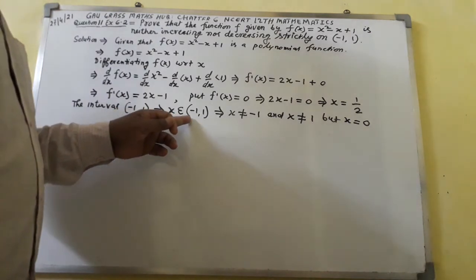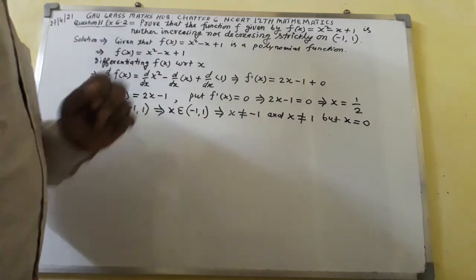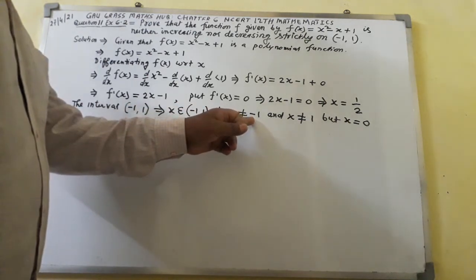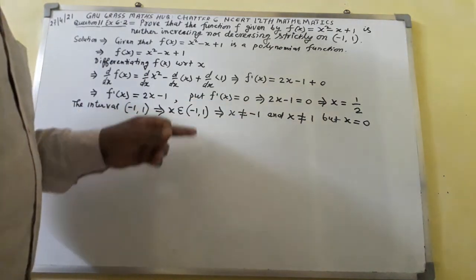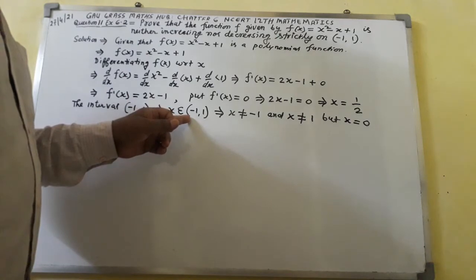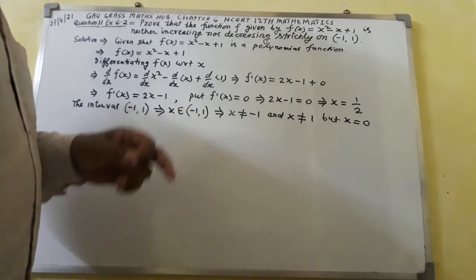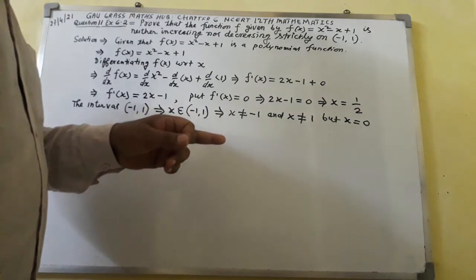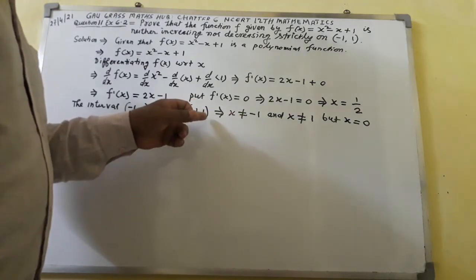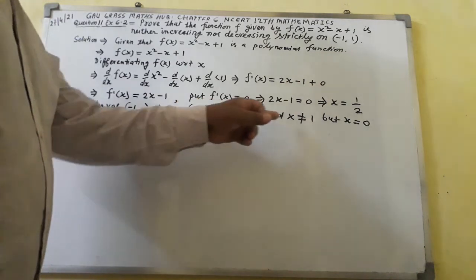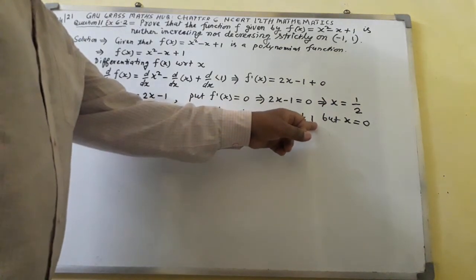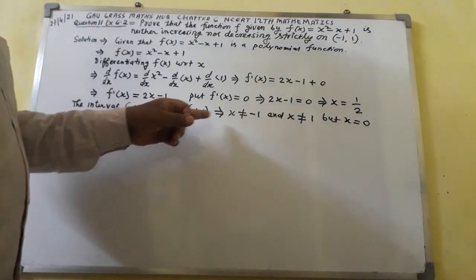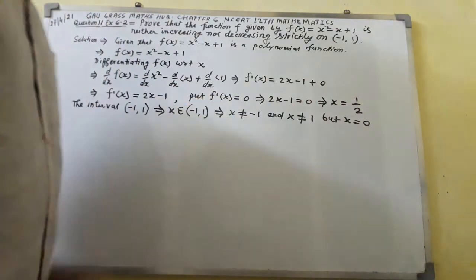X belongs to the open interval (−1, 1) means the value of x will not be equal to −1, because the open interval is available, and also at 1 the open interval is available. That's why x = −1 will not be available. In between you can have x = 0.